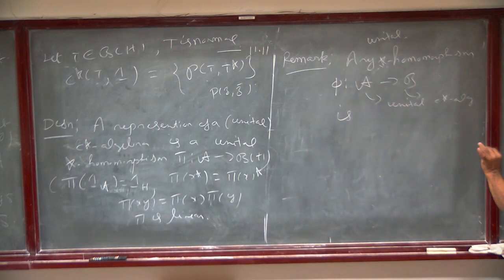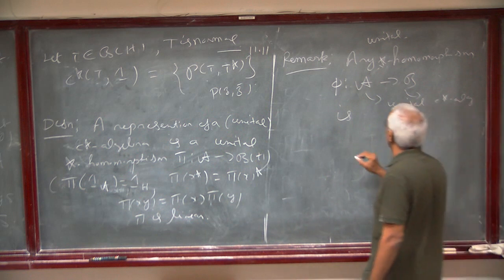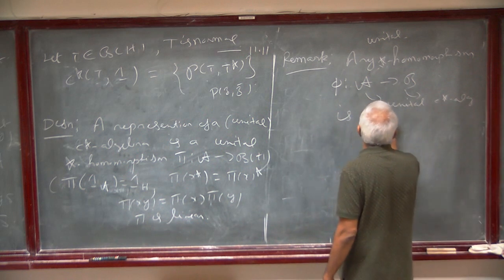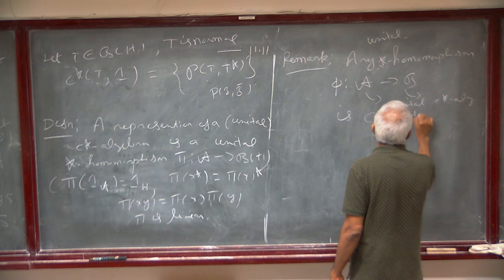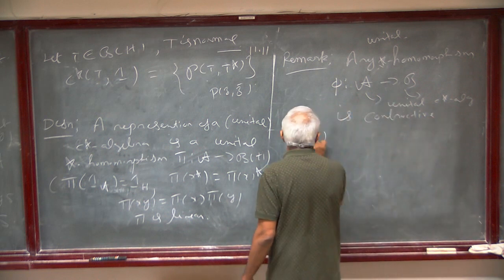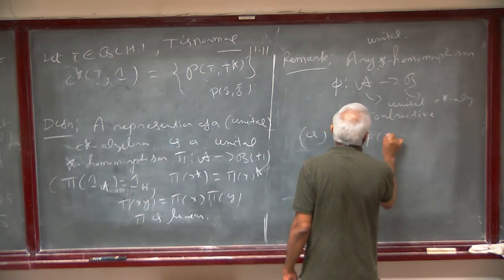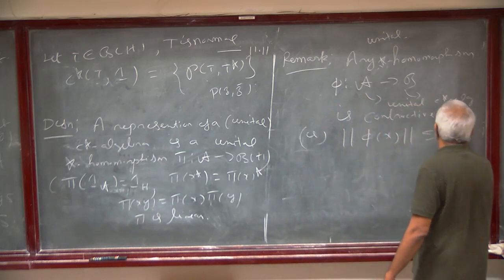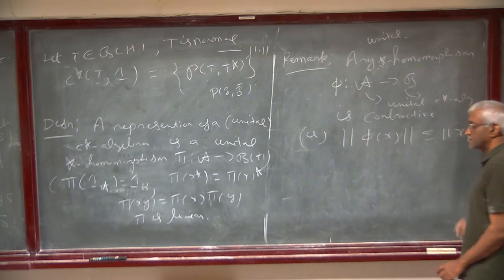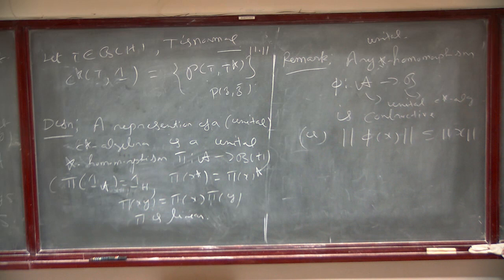Any unital star homomorphism between two C-star algebras is contractive. That is, norm of phi of x is less than or equal to norm of x. Of course, if it is an isomorphism, if it is a bijection, then it will automatically be isometric, norm preserving.